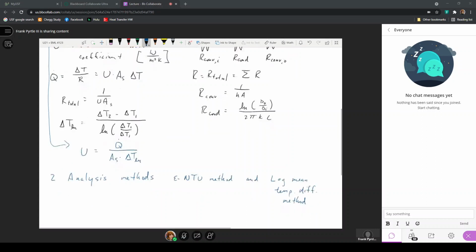Now, in each of these, we still will always use the expression of a heat transfer rate being defined in terms of the cold fluid. Here, the cold fluid will be the mass flow rate times the specific heat times T cold out minus T cold in.